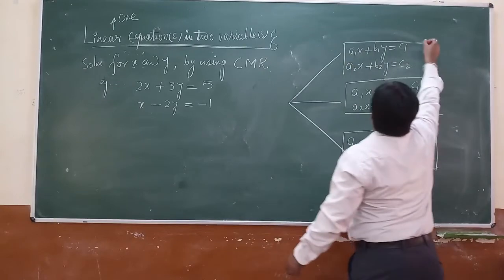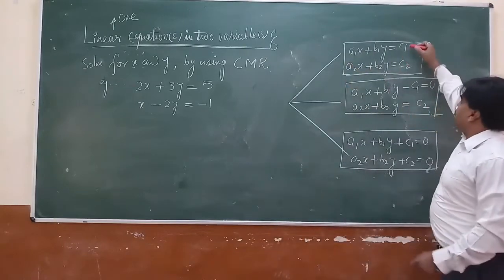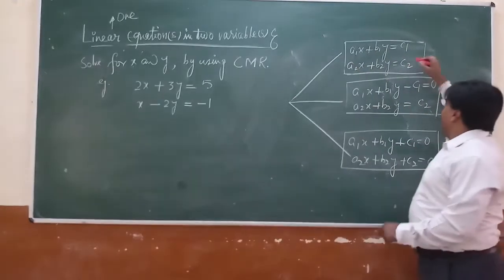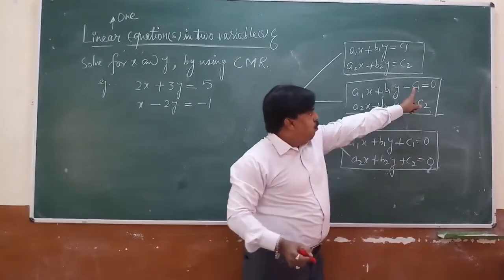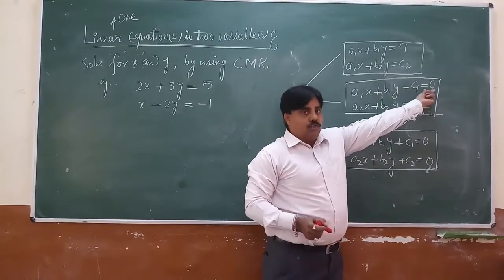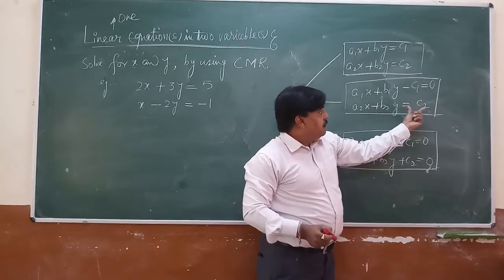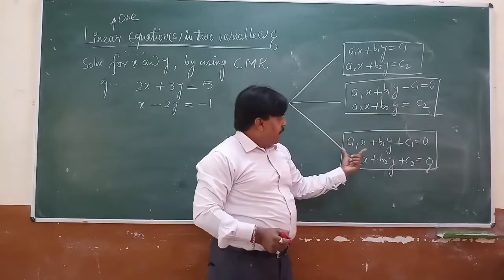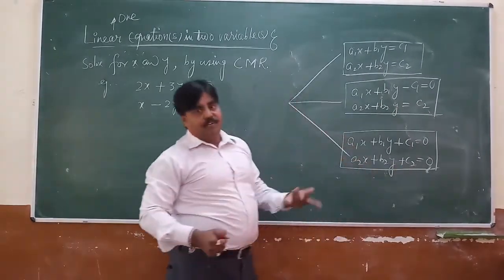See, in the first one both the constants are on the right hand side. In the second, one constant is on the left hand side, meaning equal to 0 is given here, and here it is equal to the constant term. Here both the constants are on the left hand side.